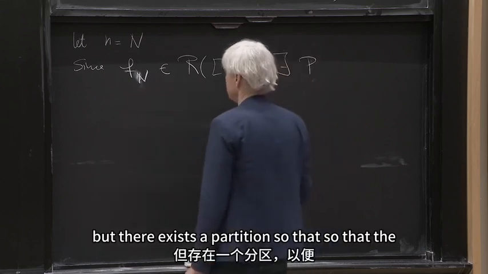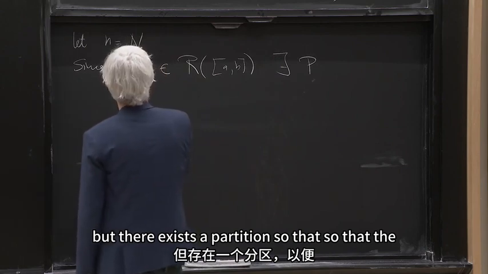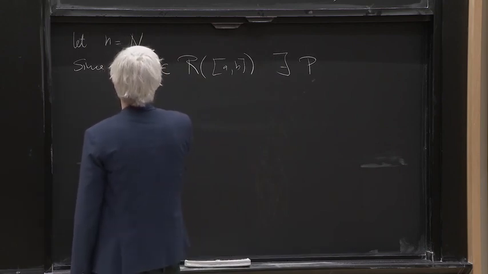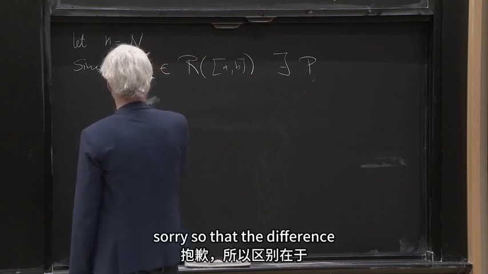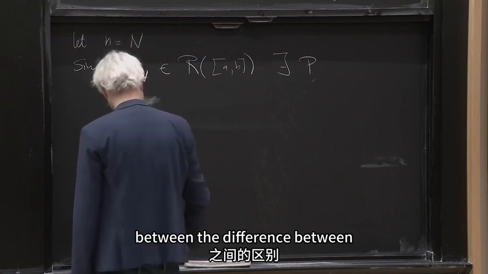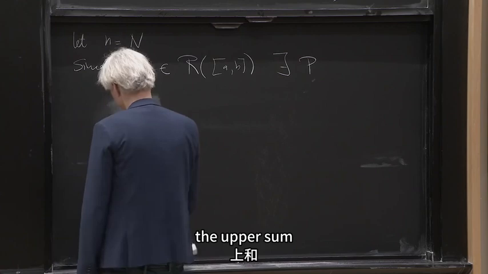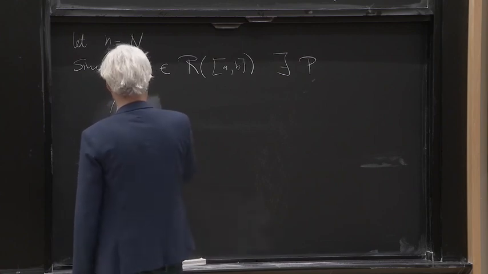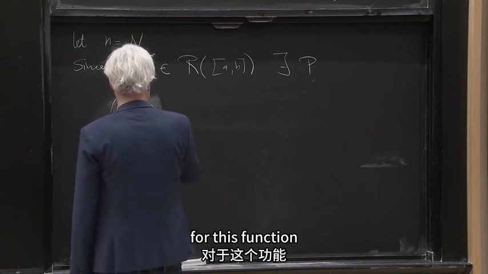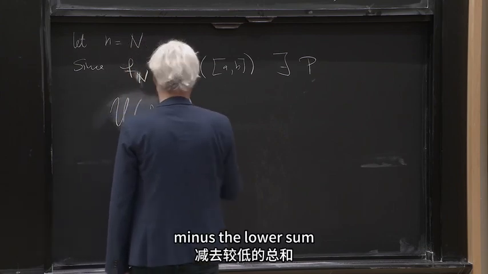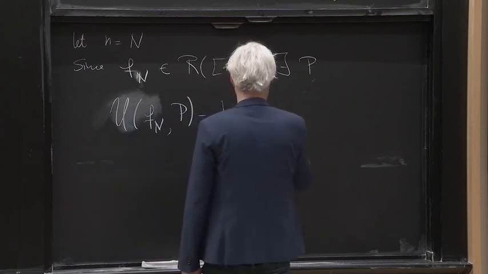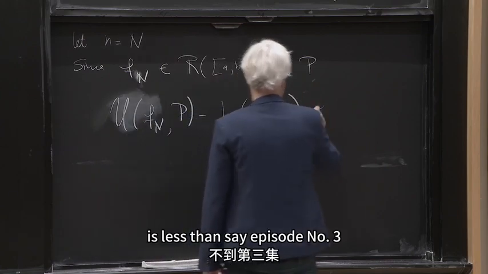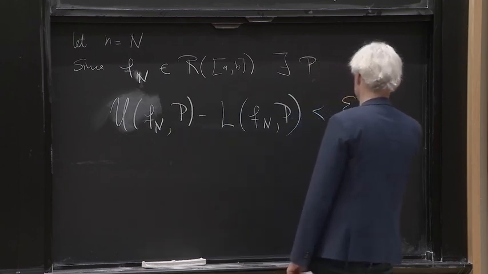But there exists a partition so that the difference between the upper sum for this function minus the lower sum for this function is less than, say, epsilon over 3.